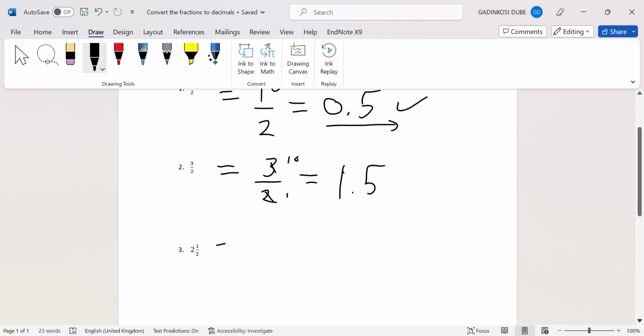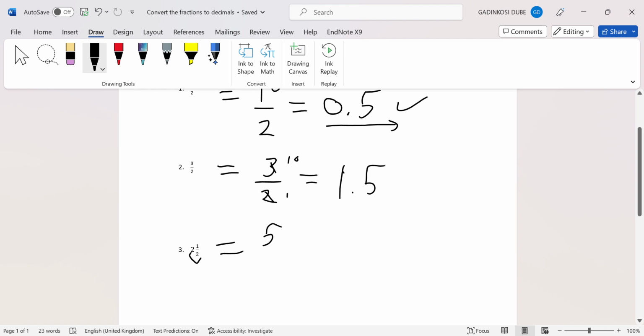Let's look at the third one. It's also a mixed fraction. This one is straight to the point as well. You can just change it to a top-heavy fraction so that it doesn't confuse you. So how do you change it to a top-heavy or improper fraction? 2 times 2 is 4, plus the 1 here is 5.